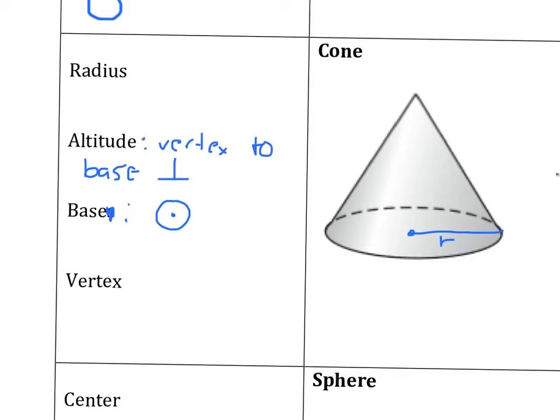Has to be perpendicular. So here's my vertex. And in this case, to get to my base, it meets at the center nicely, and it's a right angle.